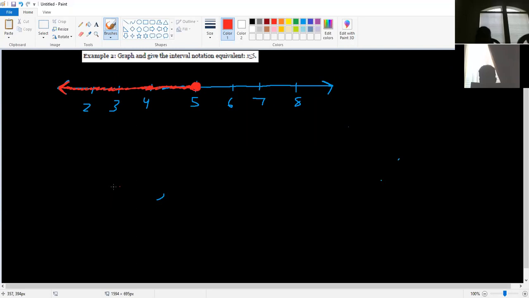So because we said 5 is inclusive, we can put the bracket, actually. We're going to put the lower bound on the left and the upper bound on the right. So the upper bound is 5, and the lower bound is negative infinity.